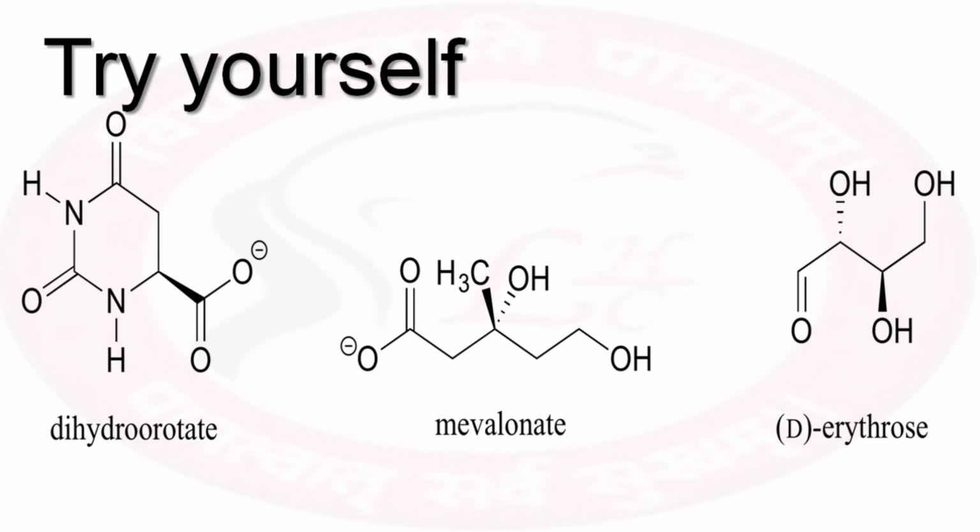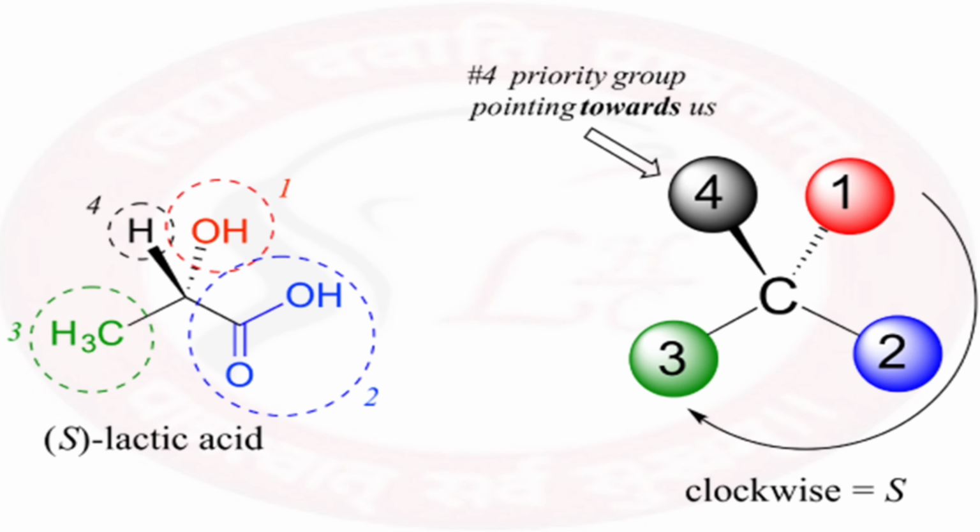Now, how are we supposed to proceed if the lowest priority group is not pointing away from us? In that case, we need to select any one of the two groups that are present in the plane of molecule and rotate the molecule about that axis and stepwise move as shown above, until and unless the lowest priority group is pointing away from us.